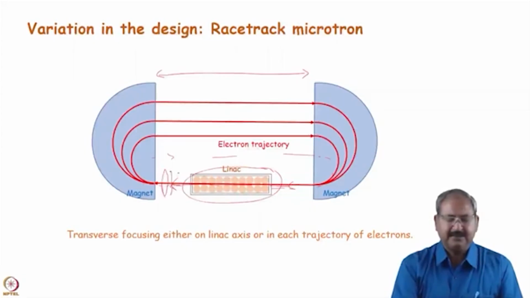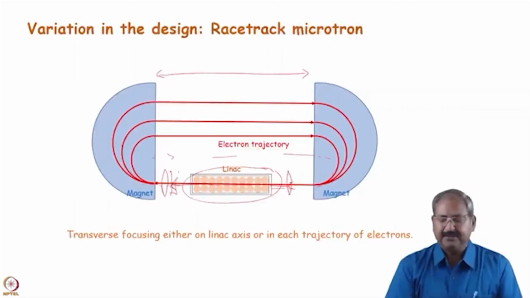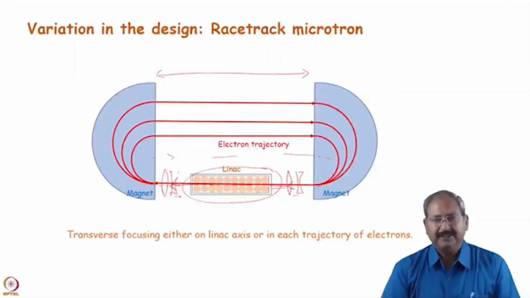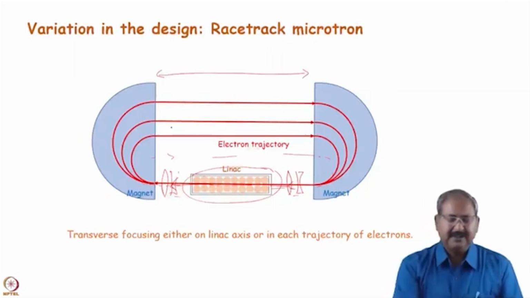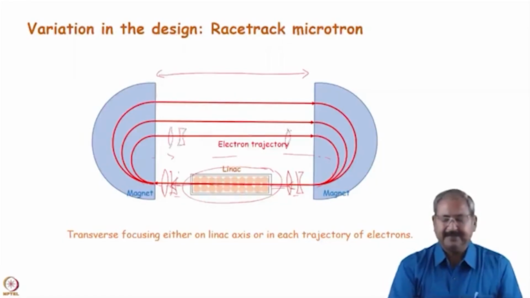Here we can put them, or here we can put them. So these magnets can take care of the focusing for charged particles, or you can keep quadrupoles on each trajectory, like this.